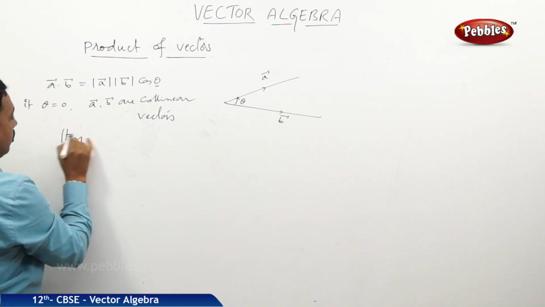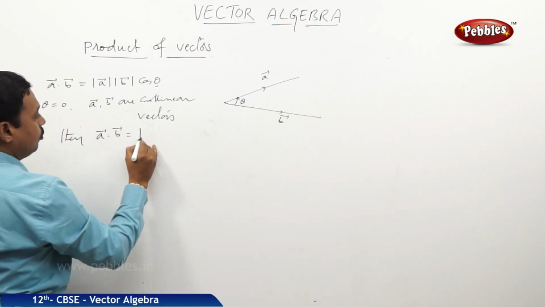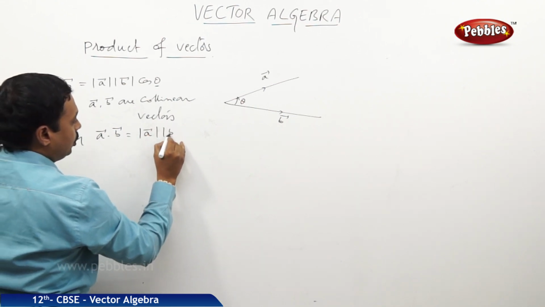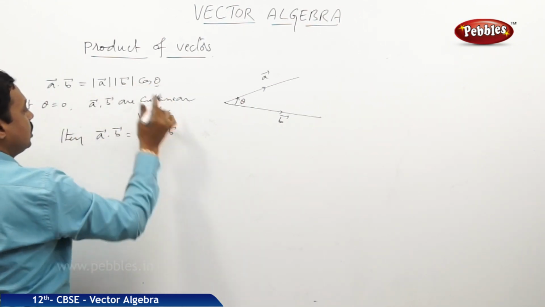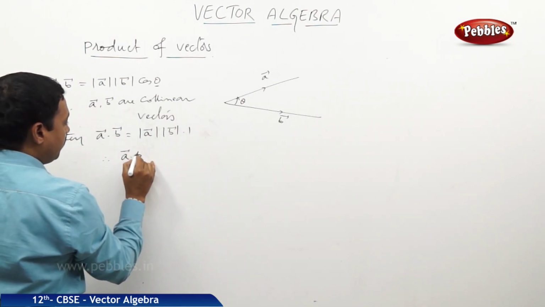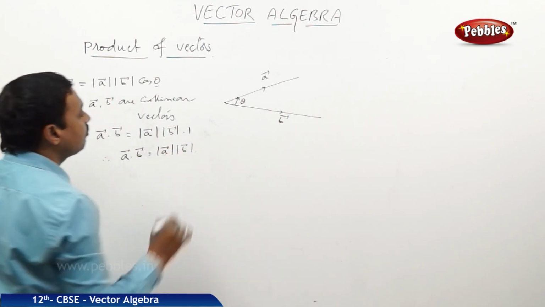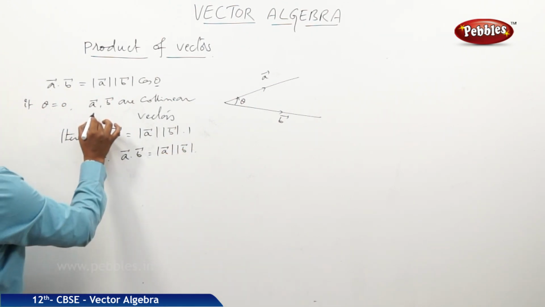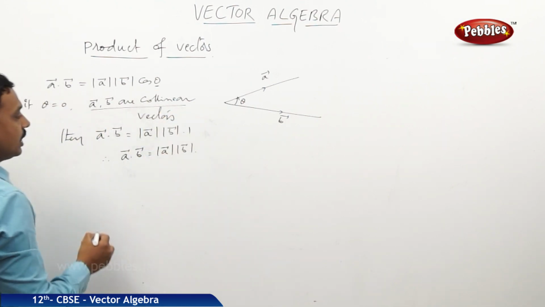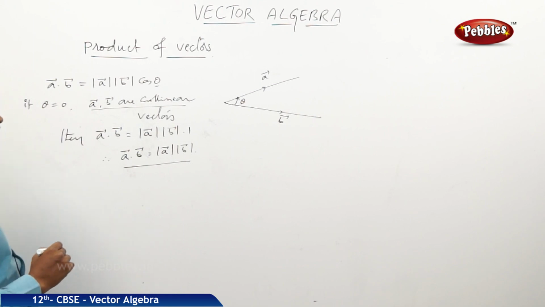Then what is the dot product between them? A dot B is equal to mod A into mod B into cos 0, that is 1. Therefore, A dot B is equal to modulus of A vector into modulus of B vector.